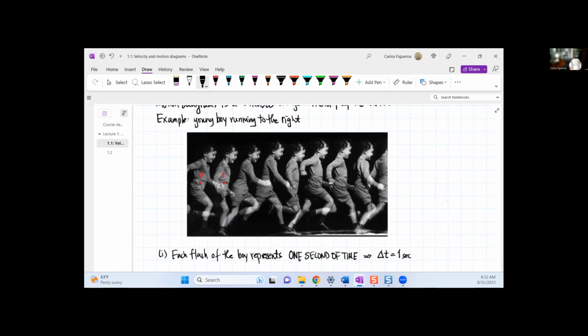Now, what you're seeing here is that when you look at the motion of the boy, it's complicated. Why is it complicated? Well, you see that his head does move up a little bit, but his arms and legs are really moving a lot. So what we want to do here is find a spot that stays relatively even.